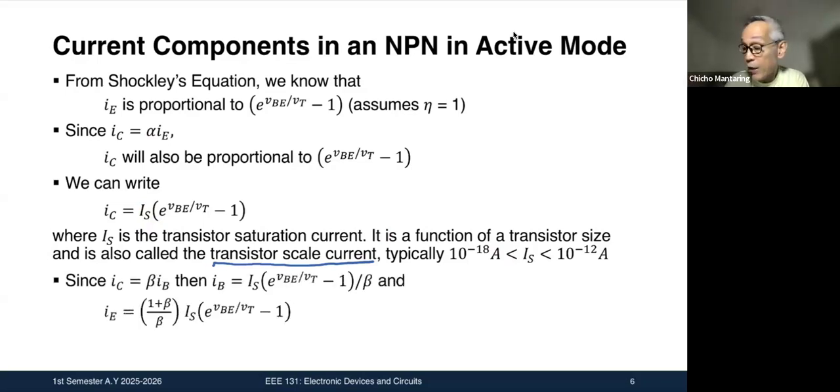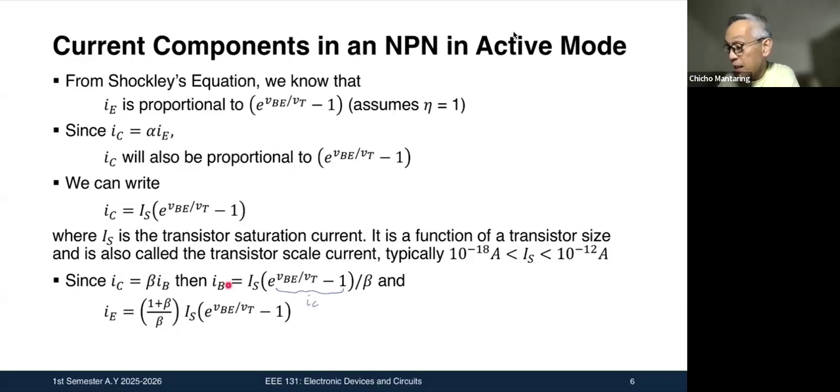Now, since beta is equal to IC over IB, if I compute for IB, that will just be IC over beta. Let me be consistent with my case.